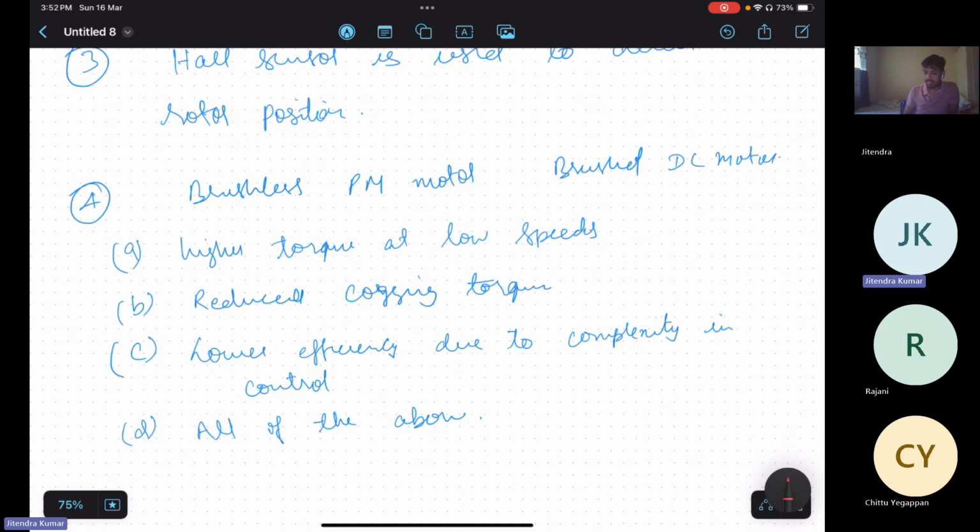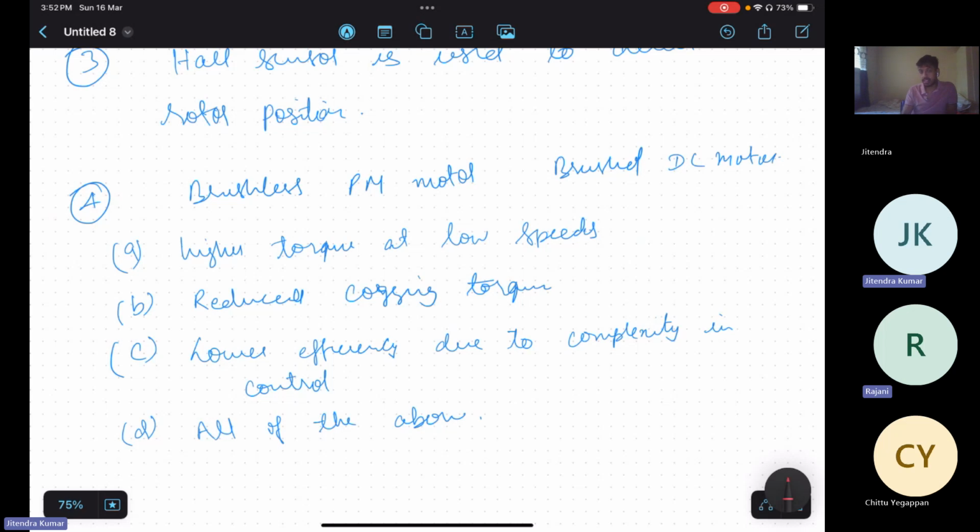So if nothing is mentioned, then we can assume that magnetic loading as well as electric loading is equal in both the machines. And if we keep magnetic and electric loading equal, it means torque will be equal in both the machines.